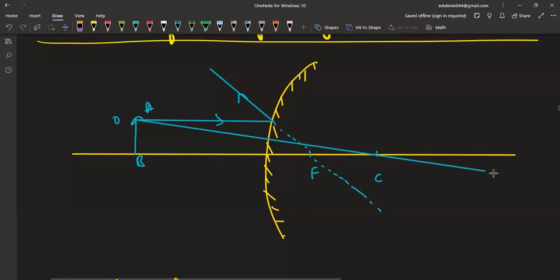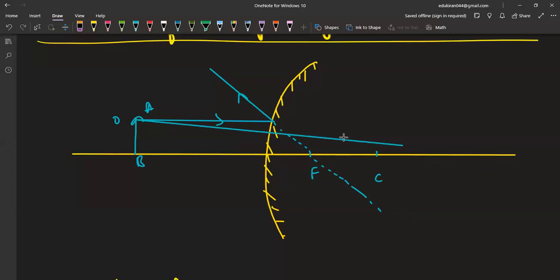Again, we will not take the ray exactly there. If the ray of light is going through the center of curvature, this will retrace its path. So here the image is formed. This also has no fixed location. You keep on changing its position, you will get the image formation anywhere.